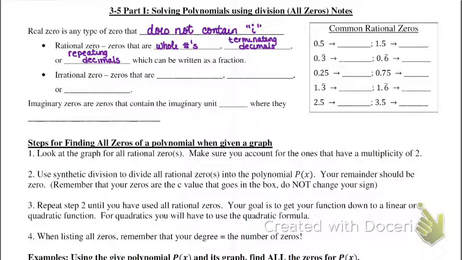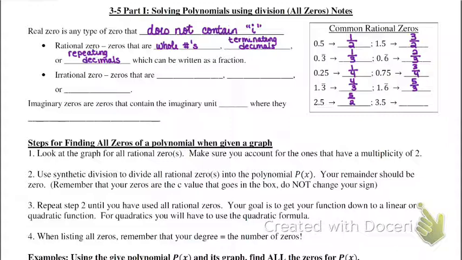So let's remember, 0.5 is 1/2, 1.5 is 3/2. 0.3 repeating is 1/3, 0.6 repeating is 2/3. 0.25 is 1/4. 0.75 is 3/4. 1.3 repeating, that's really 1 and 1/3, so that would be 4/3. 1.6 repeating is 5/3. 2.5 is 5/2.